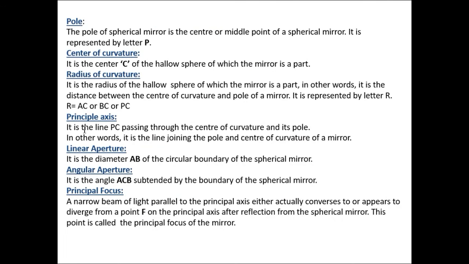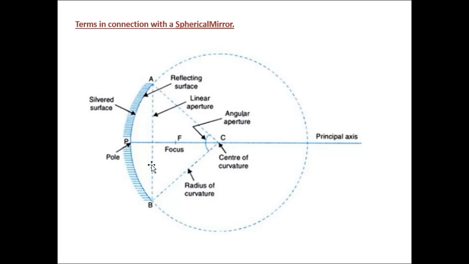Then angular aperture. It is the angle ACB subtended by the boundary of the spherical mirror. Look, boundary means point A, point B. This is the boundary. ACB means this angle. The angle ACB subtended by the spherical mirror is called angular aperture.